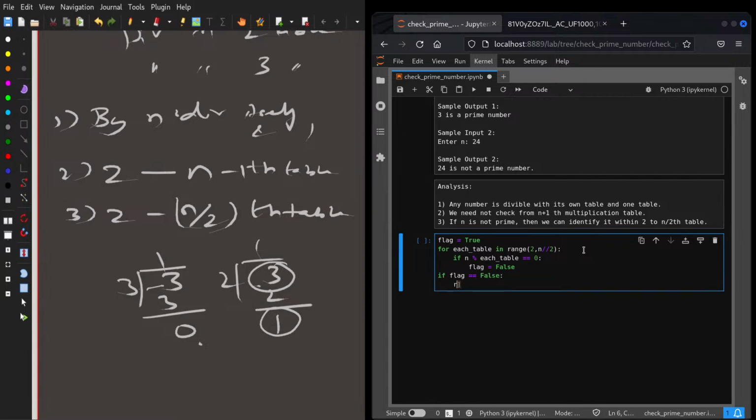then we will print n is not a prime number. Else we'll print the same line itself because we just have only one line over there: n is a prime number.